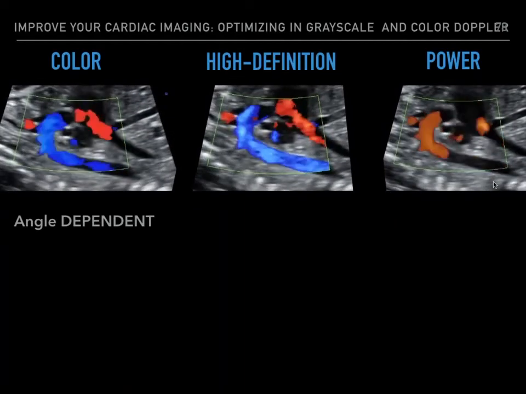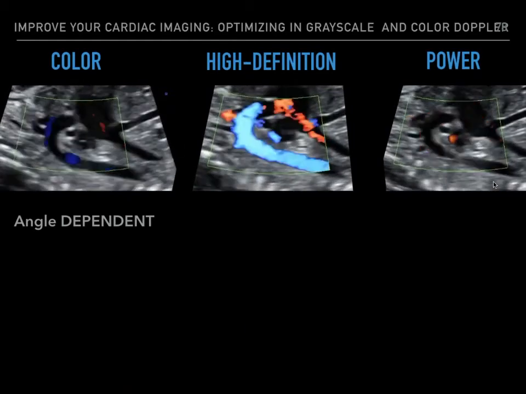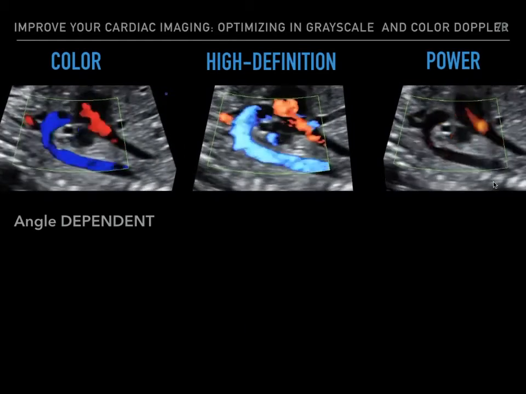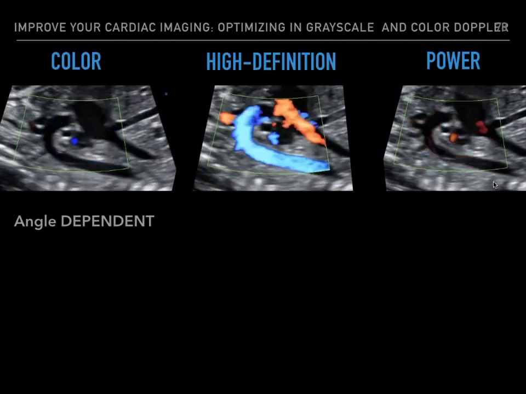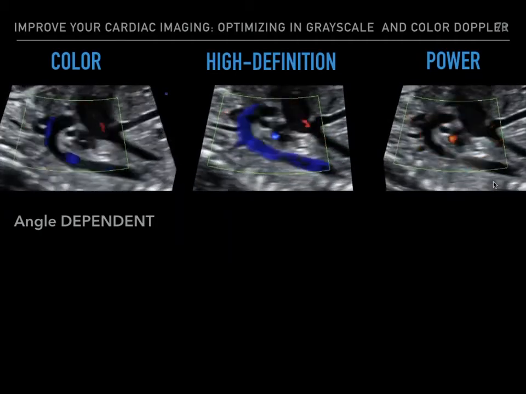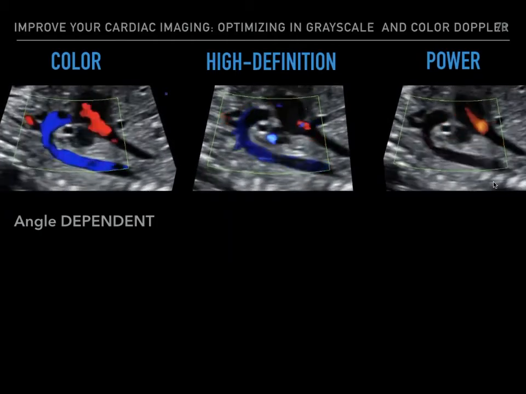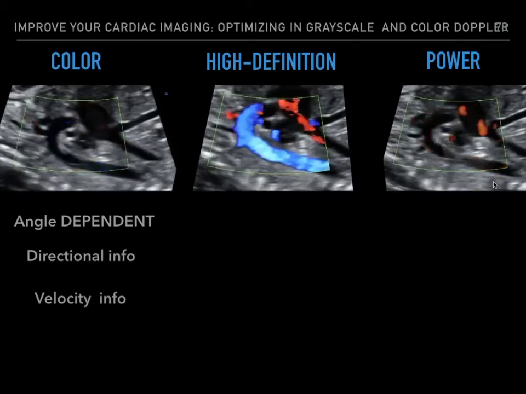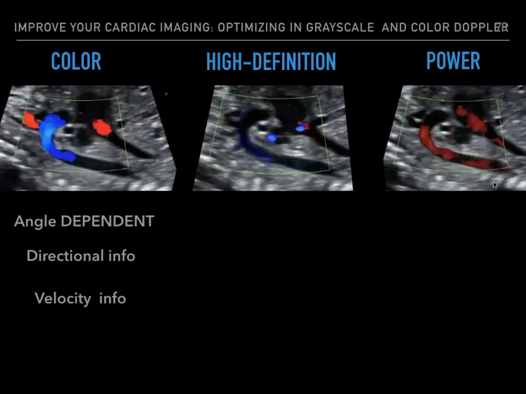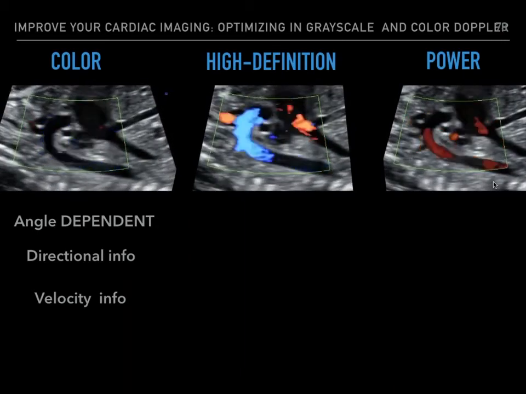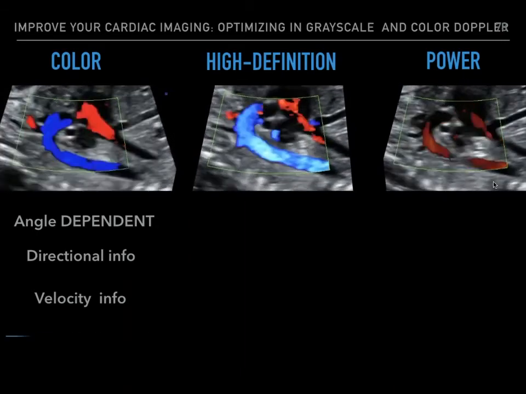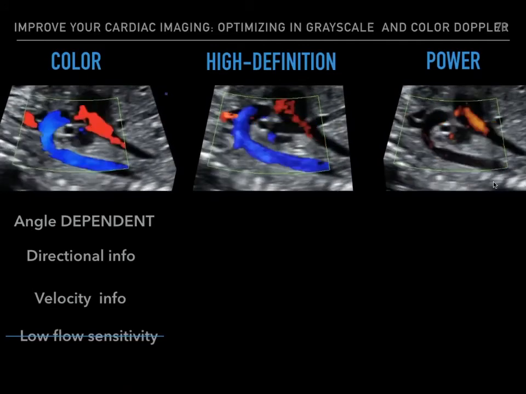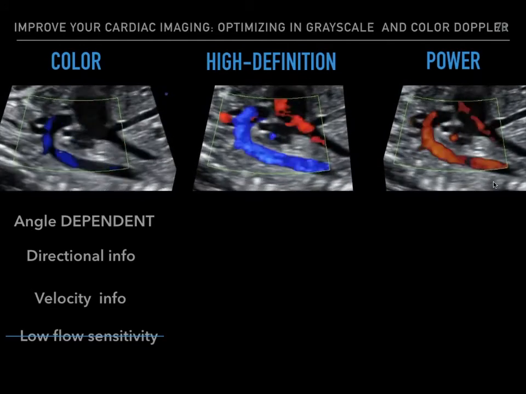This can be a major limitation of color Doppler in comparison with the other two, especially for structures that are at an increased angle to direction of flow. Color Doppler also provides directional information and velocity information, which provides qualitative and semi-quantitative hemodynamic information. And the disadvantage is it is unable to detect low flow sensitivity.